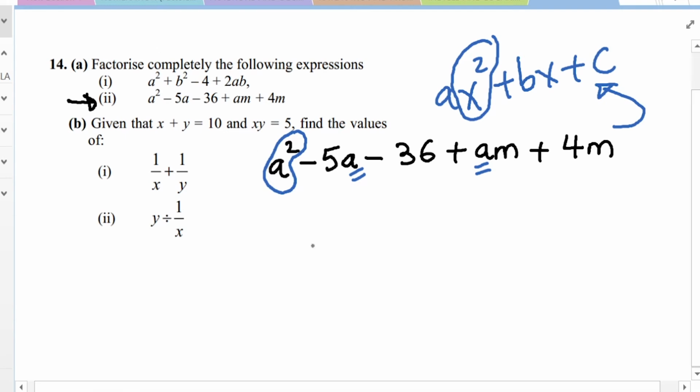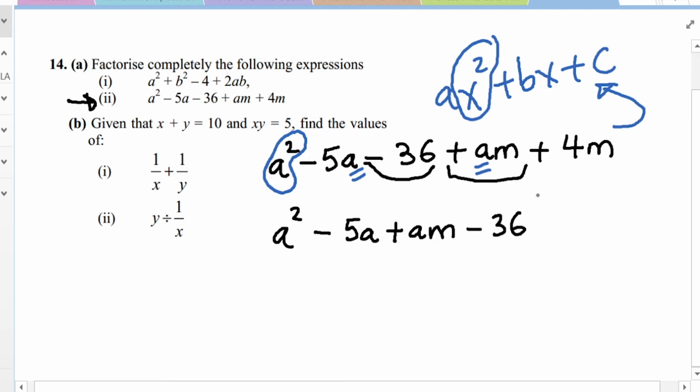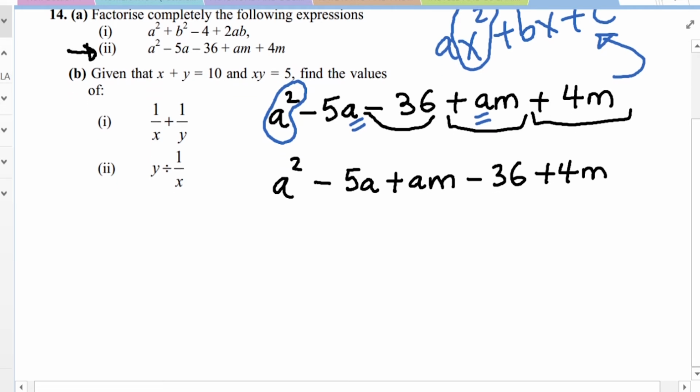So in rearranging, I will come here and say this is a squared minus 5a. So anything that has a, this is am right there. So I shall say it's plus am. Then the other things will fall in, like minus 36. So I shall come here and say minus 36, then plus 4m. Let me rearrange it like that. So, moving on, this is going to become a squared.